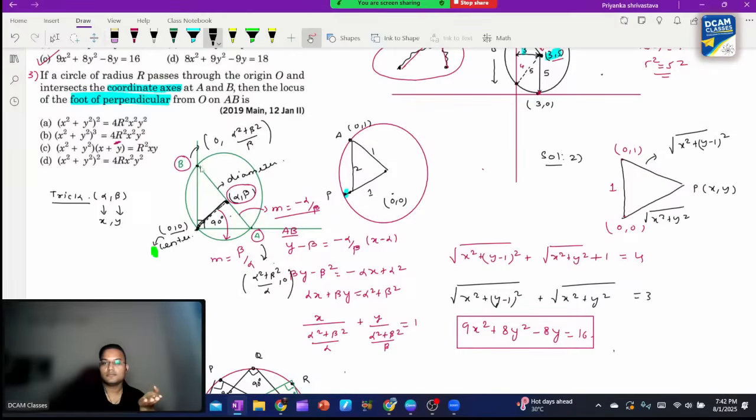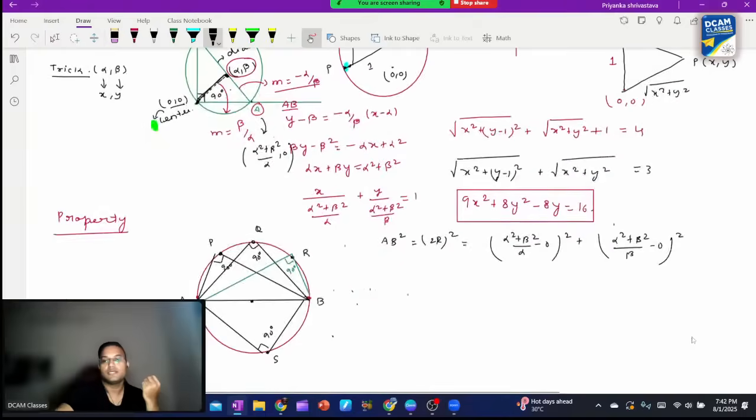Now I have found the points A and B. The distance AB square will be equal to 2r whole square, as AB is twice the radius. So 4r square will be (alpha square plus beta square by alpha minus 0) whole square plus (alpha square plus beta square by beta minus 0) whole square.